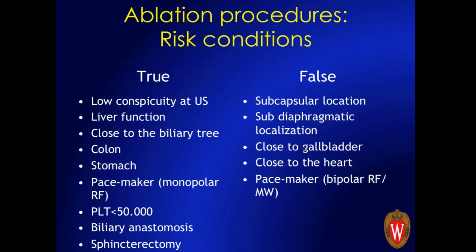False risk conditions are the position in subcapsular location, subdiaphragmatic, gallbladder, heart, because many papers have been published demonstrating that these are not true risk conditions.